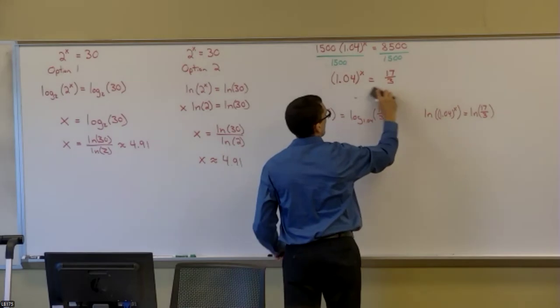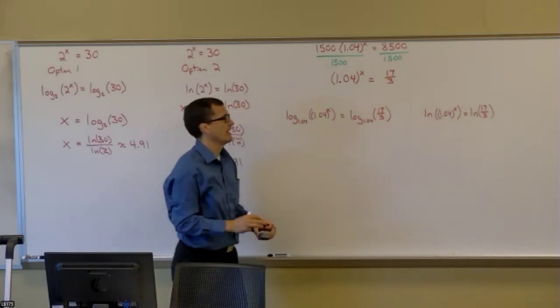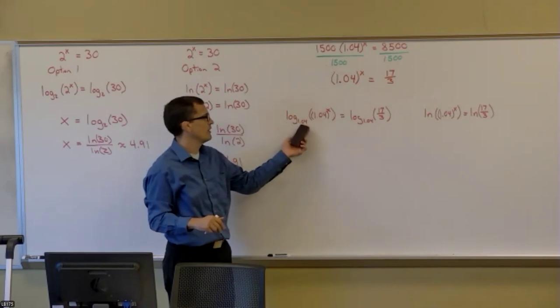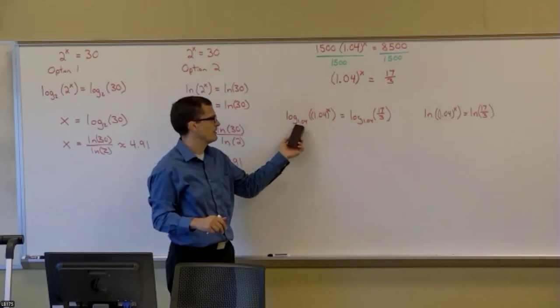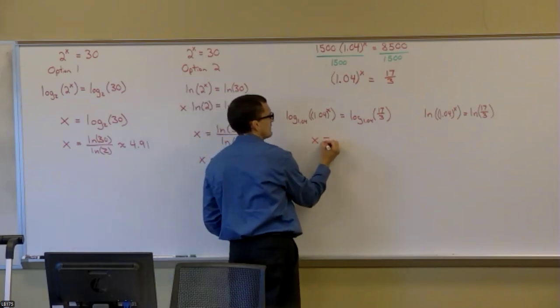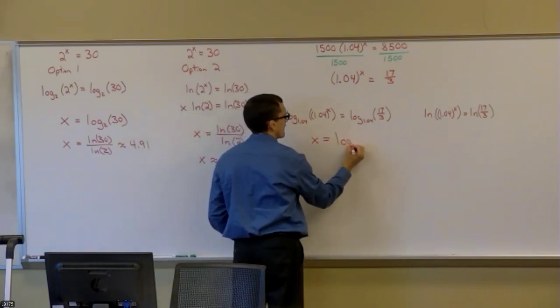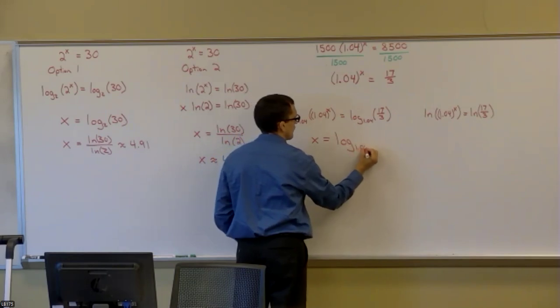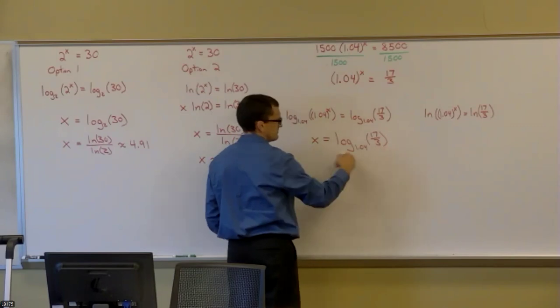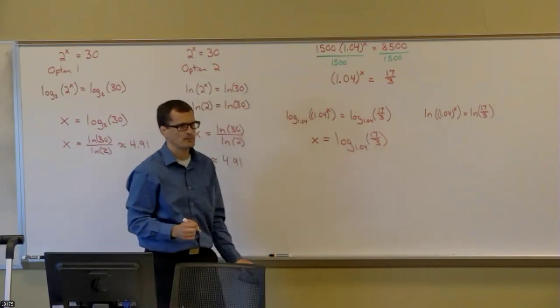Very good. So either way, perfectly all right. If I take log base 1.04, I'll just get x on the left equaling log base 1.04 of 17/3. And I just typed that in my calculator.